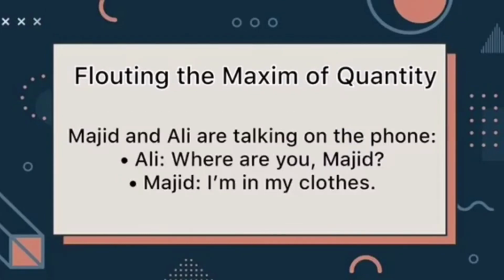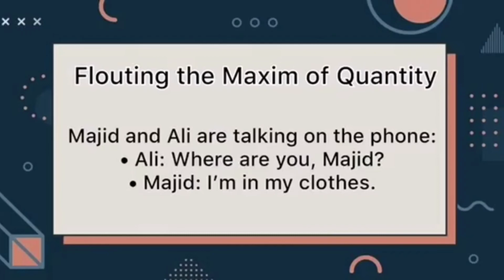Next to that is flouting the maxim of quantity. Since we know that quantity refers to the exchange of required information, this example here can better help us understand flouting the maxim of quantity. The conversation started with Ali asking, "Where are you, Mahid?" And Mahid replied, "I'm in my clothes."